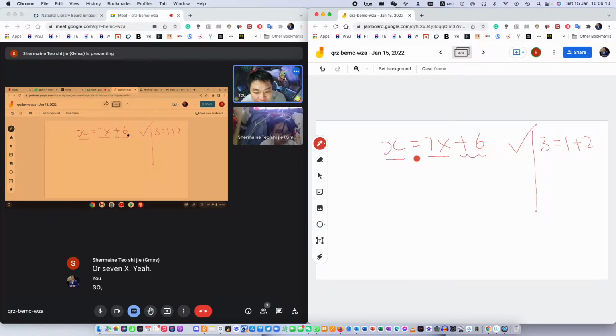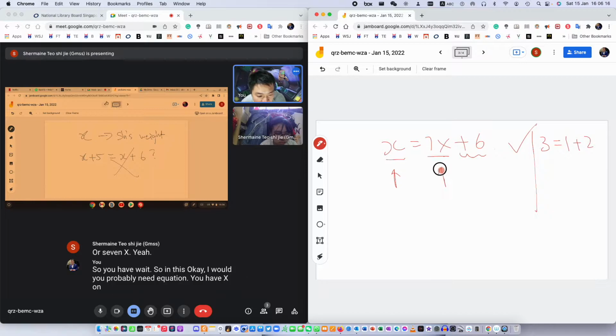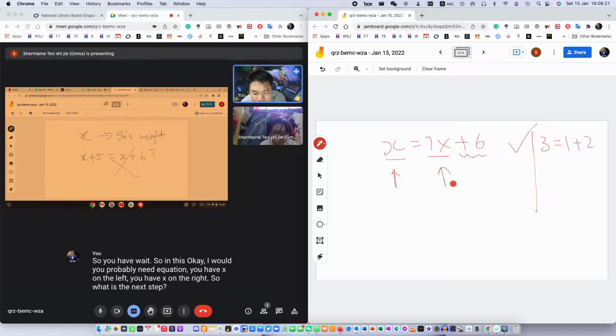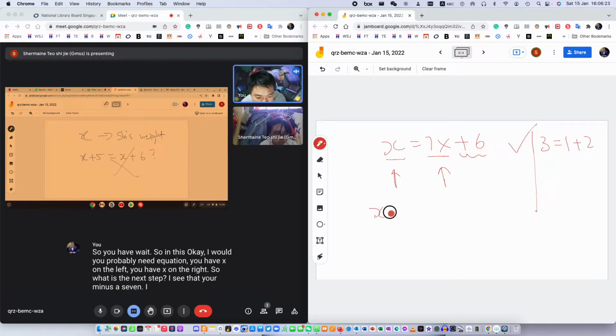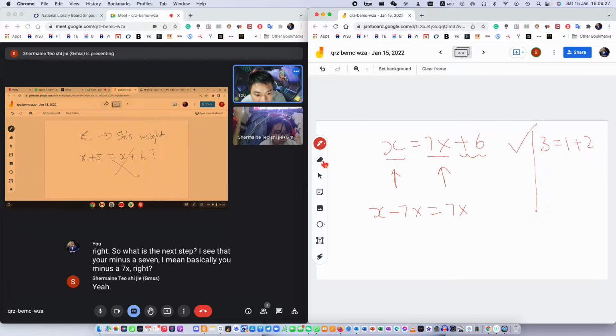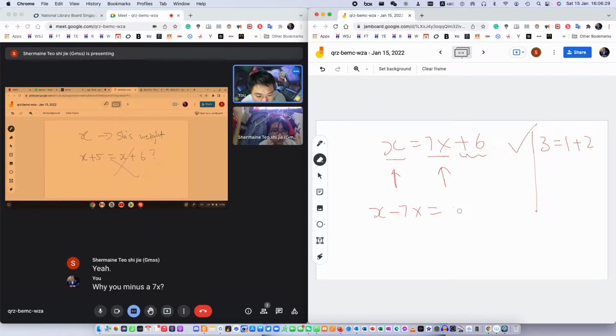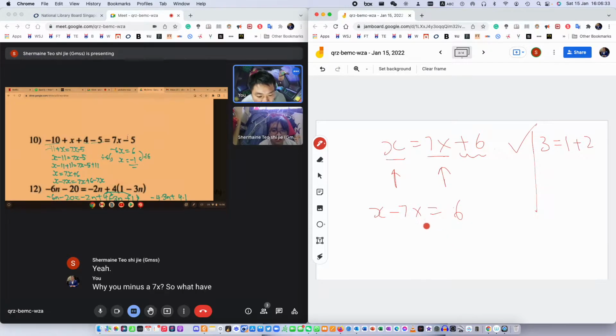So in this algebra linear equation, you have x on the left, you have x on the right. So what is the next step? I see that you minus a 7x, right? Why do you minus a 7x? So what have you done by minus a 7x?